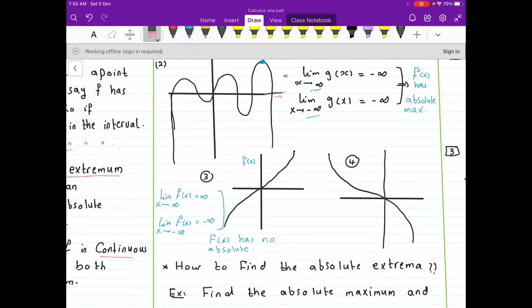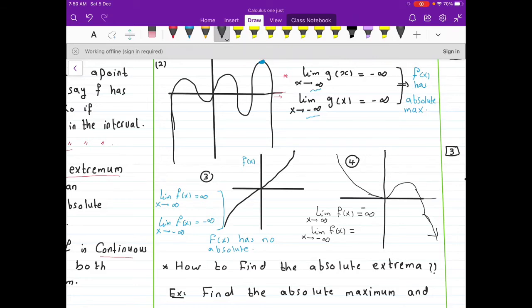If I draw a graph of a function, notice this function: the limit of f of x as x approaches infinity is obviously infinity, and the limit as x approaches minus infinity is also infinity, or the reverse, minus infinity at one end and infinity at the other. This function has no absolute extremum.